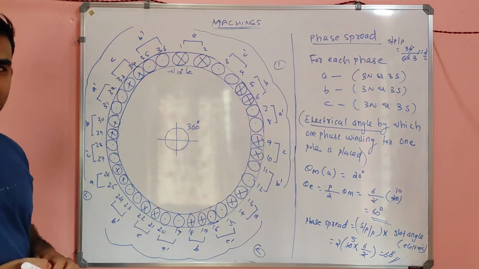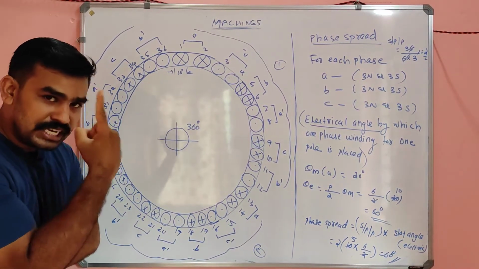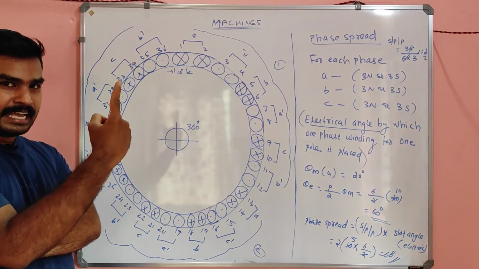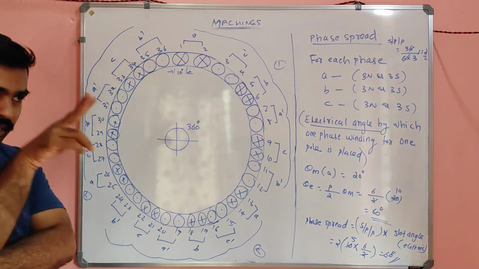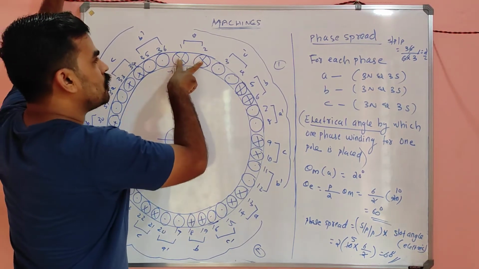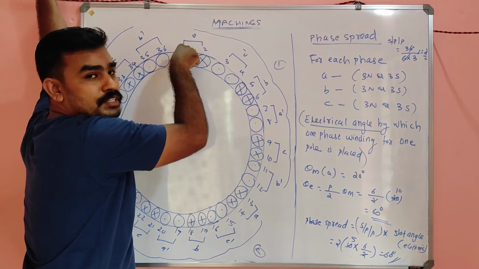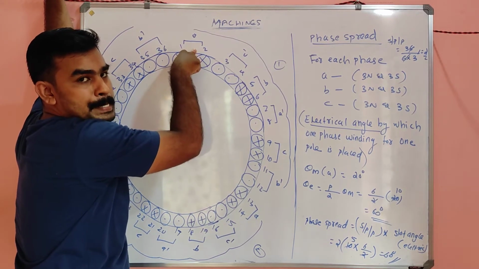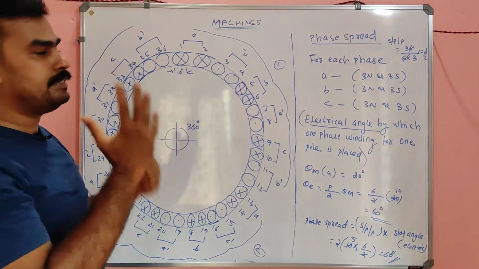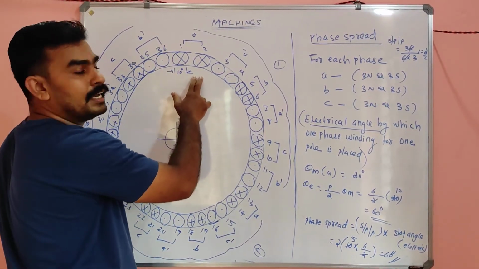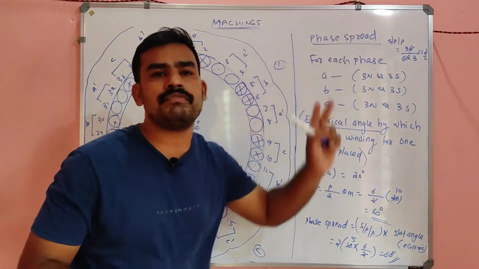In physical meaning, for single phase A, how many slots are covering? Here 2 slots cover for phase A. So the slot angle, 10 degree plus 10 degree mechanical, 20 degree mechanical, converted into electrical degree, gives the value of phase spread.